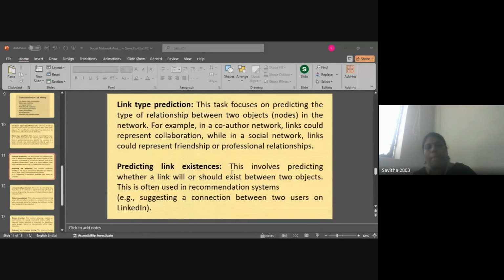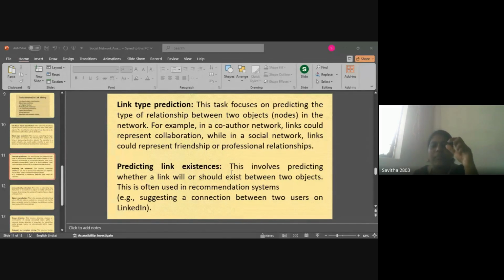Then next, predicting link existence. That means for some objects we need to identify whether a link between two objects will appear in the future. That is the concept called predicting link existence.